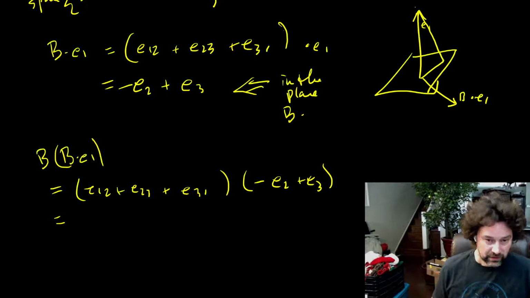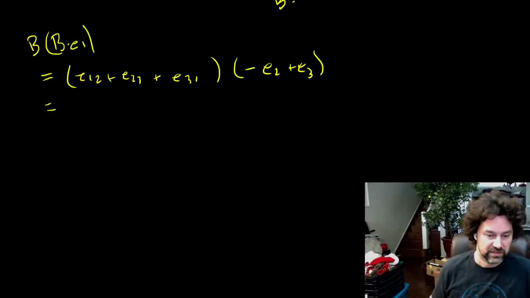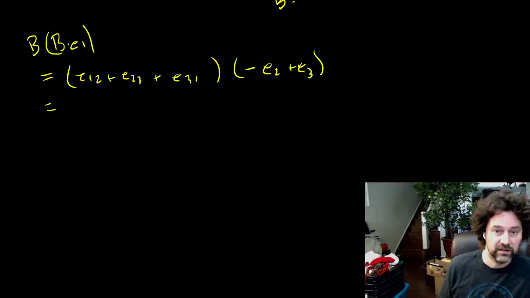And this gets a little bit messier and longer. So e12 times minus e2, e2 squared is 1, so we have minus e1. Minus e3, that's e23 times minus e2. Oh, no, that is plus e3.